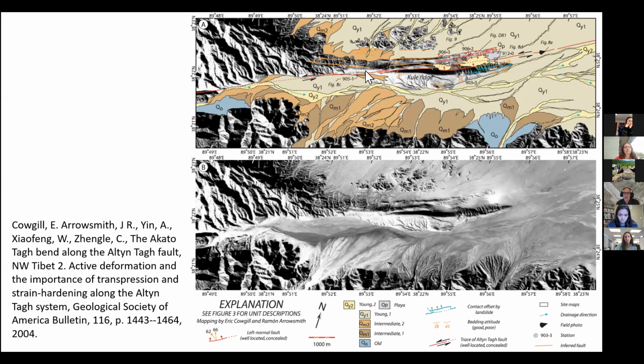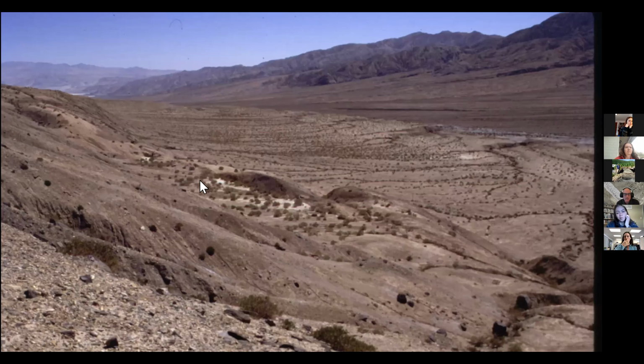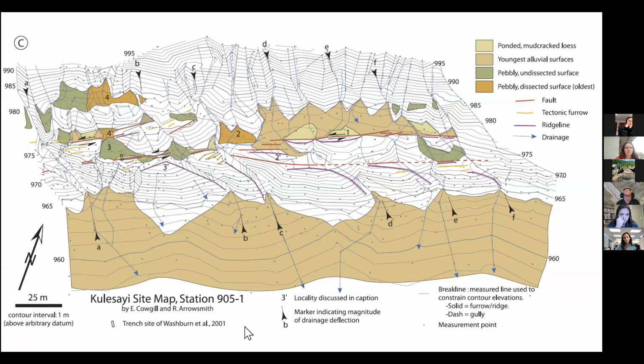And this area right in the middle, in the upper part, figure 8C, here's a view of that. You can see a really pretty sag in this desert landscape, with these little en echelon shutter ridges. And then here was a somewhat ugly topo map, made without LiDAR, a manual survey with a total station.